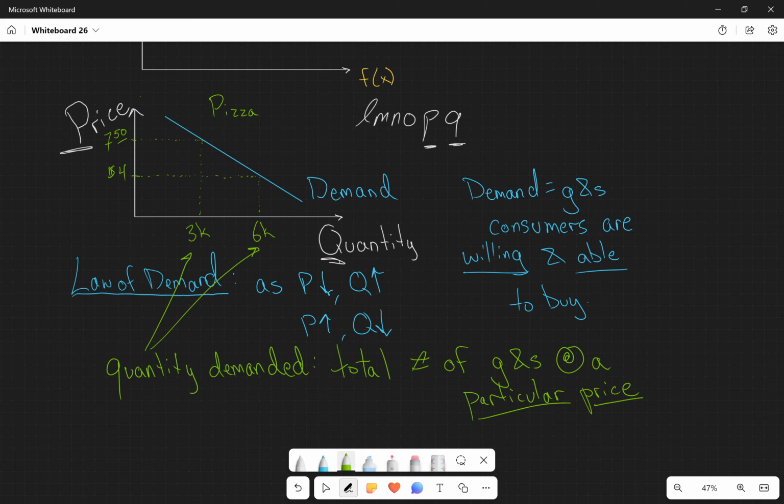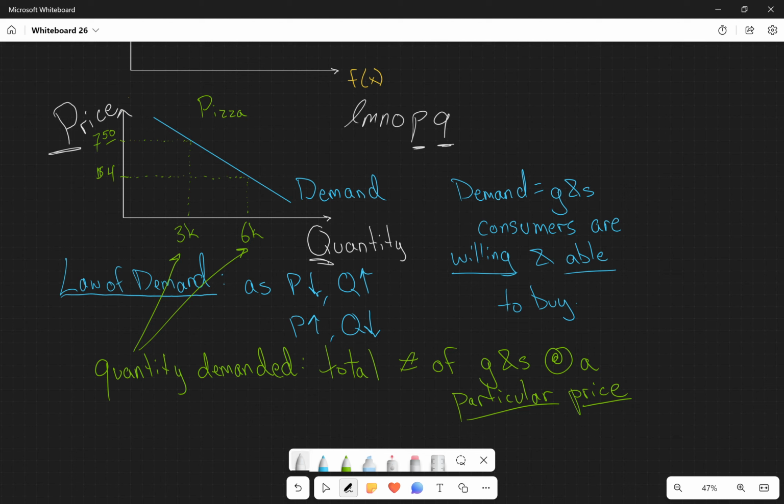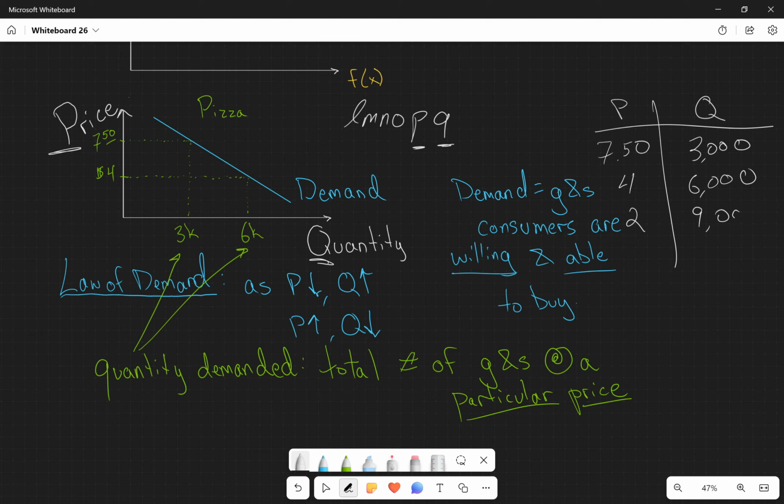So instead of here, if we wanted a demand schedule, just real quick, we would have something that is price, quantity, $7.50, 3,000, $4, 6,000, $2, 9,000, $1, 20,000, something like that.